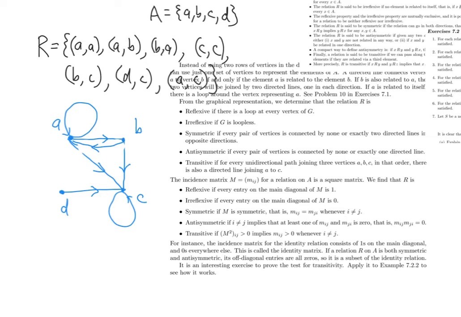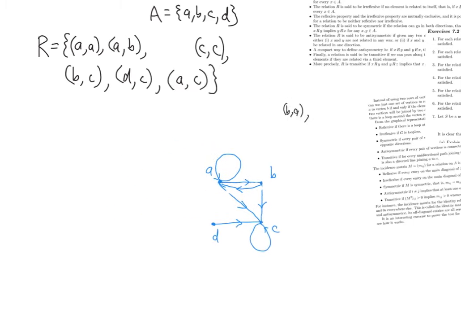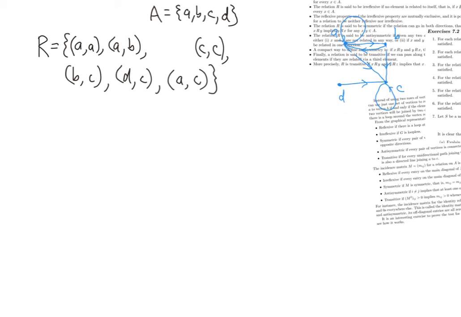What about the matrix of a relation? Let's take a look at the matrix. Okay, so the matrix, remember, I'm going to label each row and column with the elements of the set A, and we put a 1 if an ordered pair is in that set.